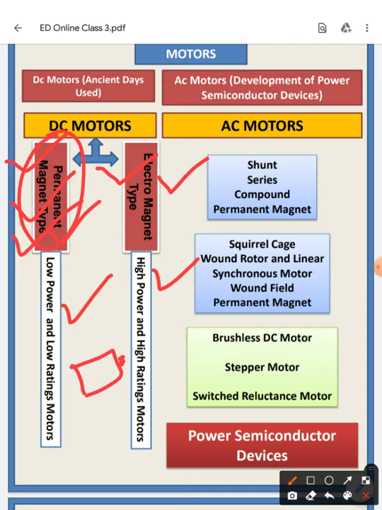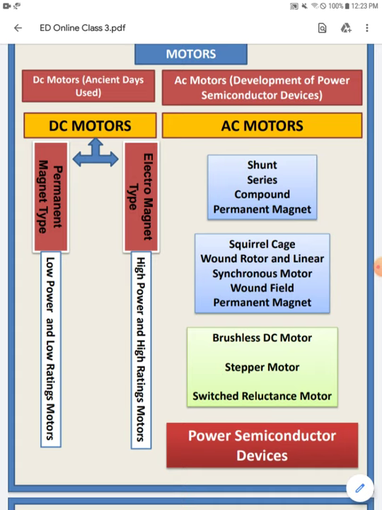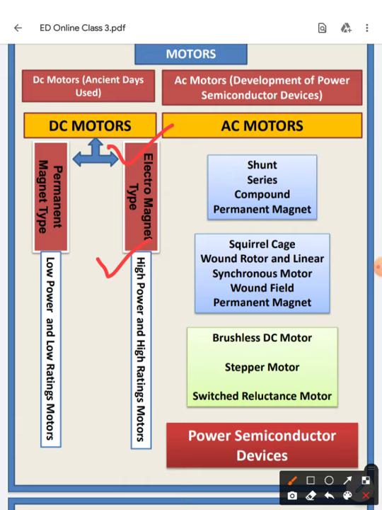So we can't go for high power or high load torque applications, right? For that, electromagnet type DC motors were developed. Electromagnet type DC motors have a higher value of magnetic field, for which we can go for high power applications or high load torque applications as compared to permanent magnet type DC motors.